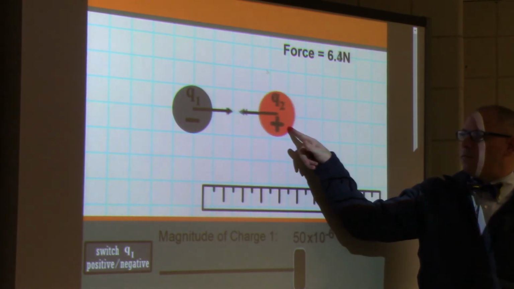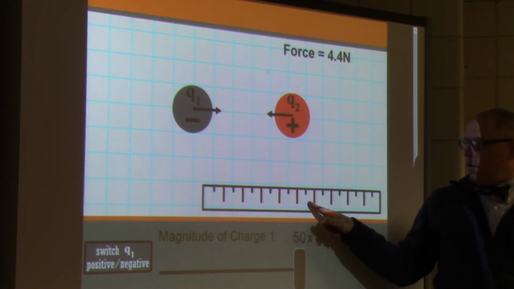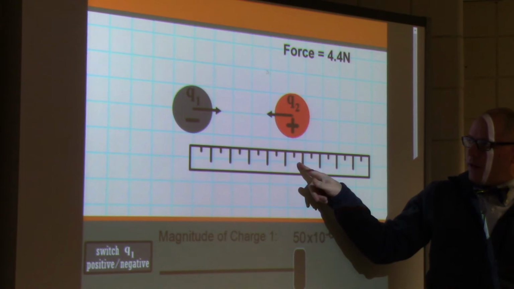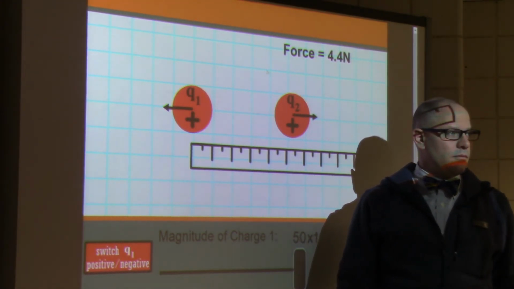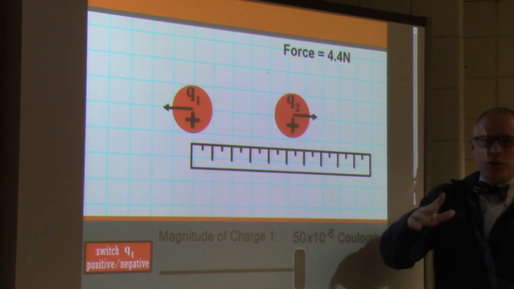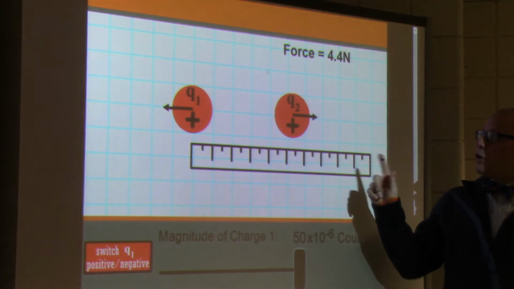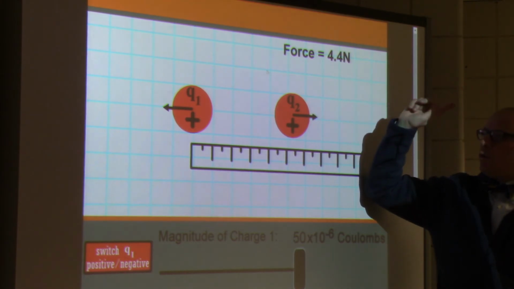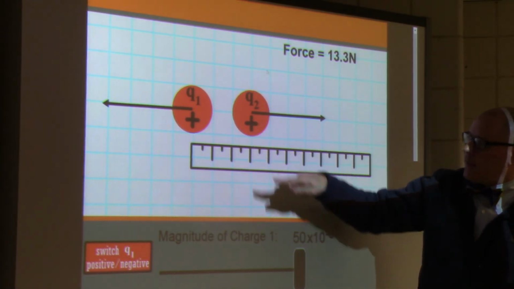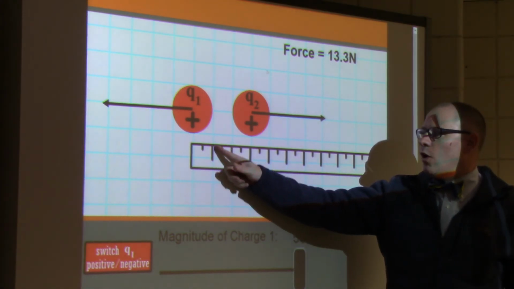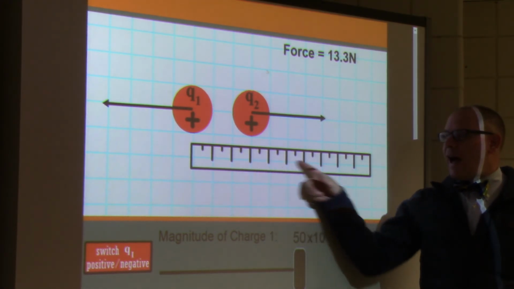Oh, you lost control. Is that cool? Now, what if we click the switch button down here? Nice. You can have positive or negative, it doesn't matter to me, because you're interested in the force value. So it gives it to you in Newtons. I would do some distances that make sense. Do the center to center distance. So this is like 1, 2, 3. I don't know what units this is in.